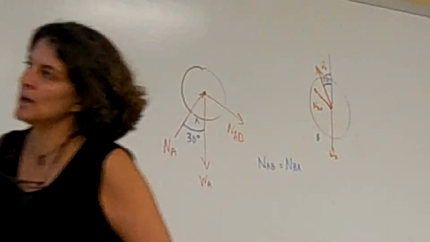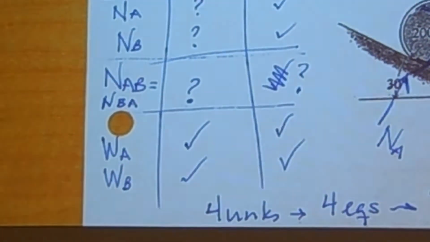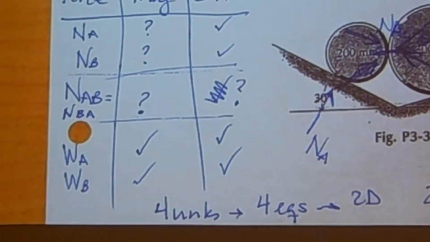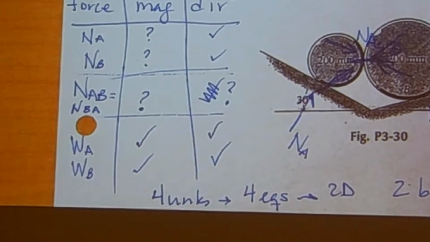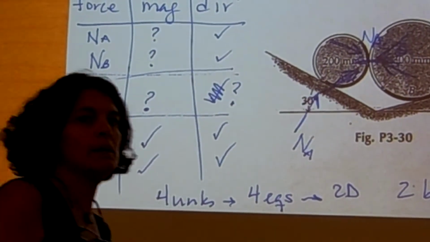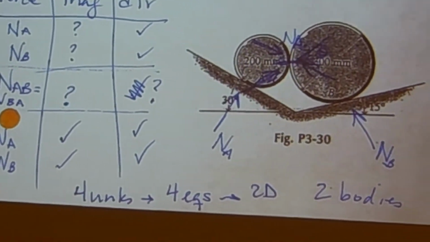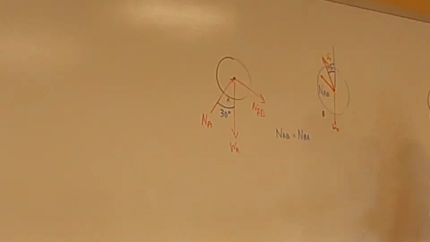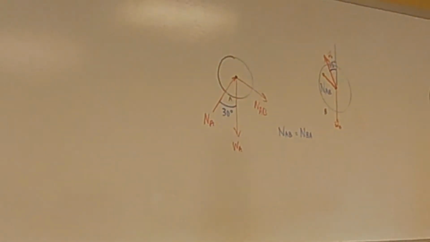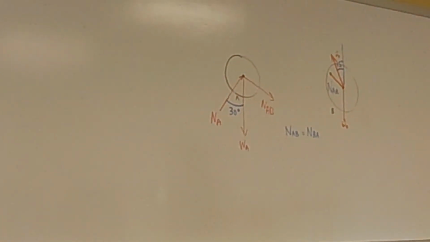And I think here, I already wrote NAB is equal to NBA. So as long as I wrote that, that really only represents one variable. I probably would only use one variable because I don't want to confuse myself. So I would call this NAB. So when I look at my picture, I only see one variable.